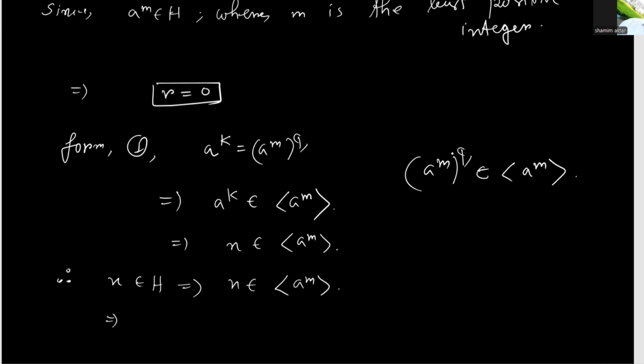So A to the power k belongs to the generator of A to the power m, so x belongs to the generator of A to the power m. Therefore any arbitrary element x belonging to H belongs to the generator of A to the power m. So H is a subset of the generator of A to the power m. Therefore H equals the generator of A to the power m, and hence H is cyclic.